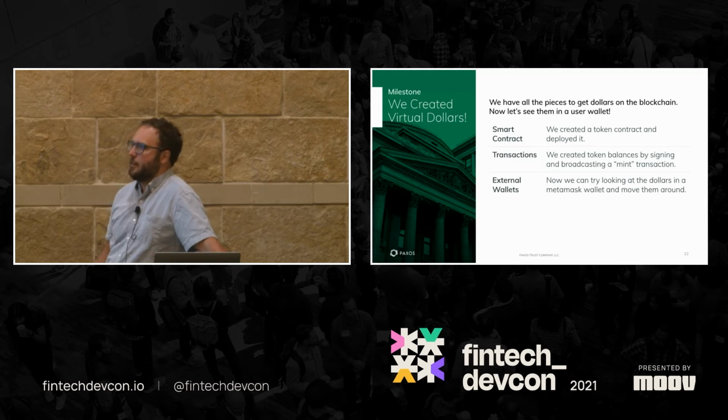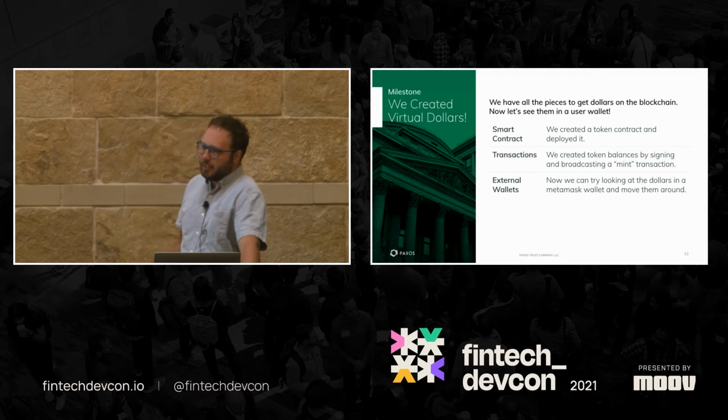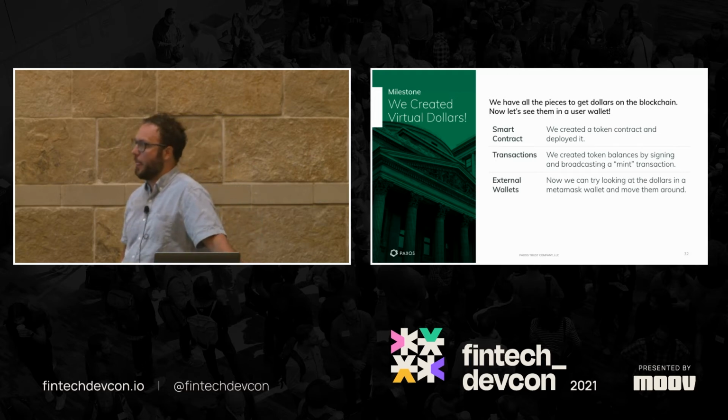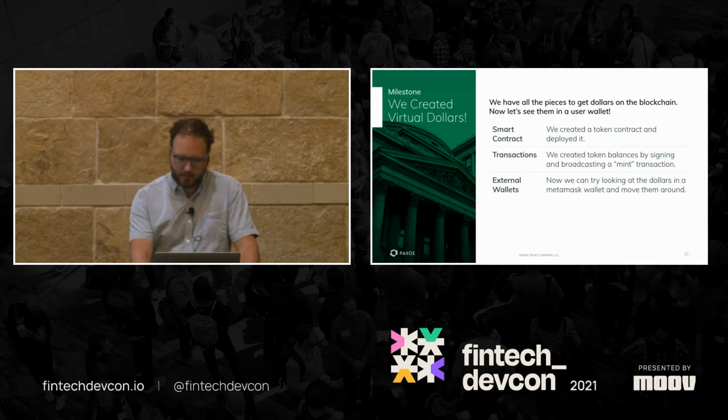What we're going to talk about now is completing out our demo by giving an example of an external wallet, and we're using Metamask for that because it's pretty easy and it's clearly separate from what we've built. So it's kind of signals that it's a separate external wallet where someone can just hold their new USDK tokens.